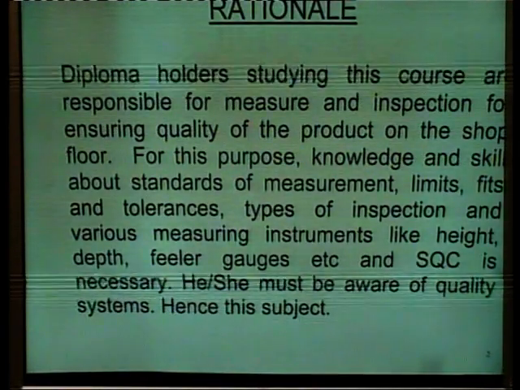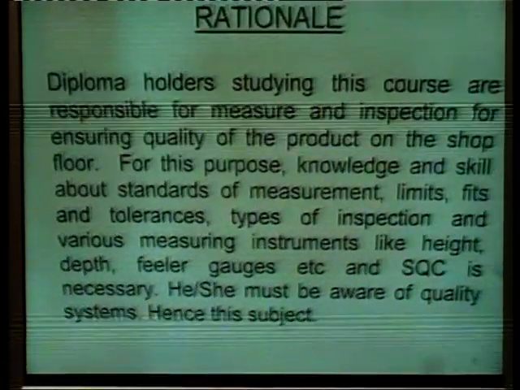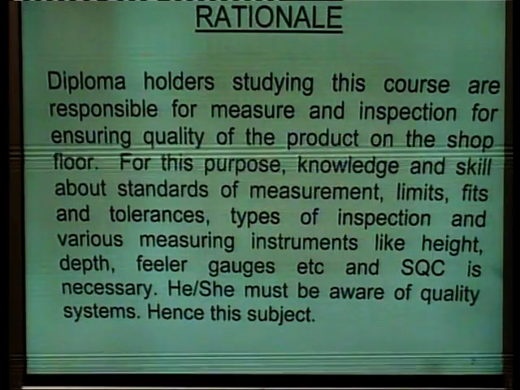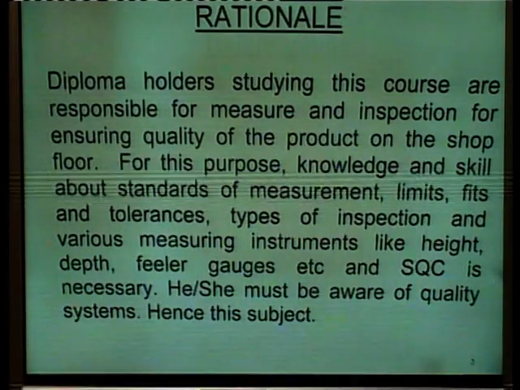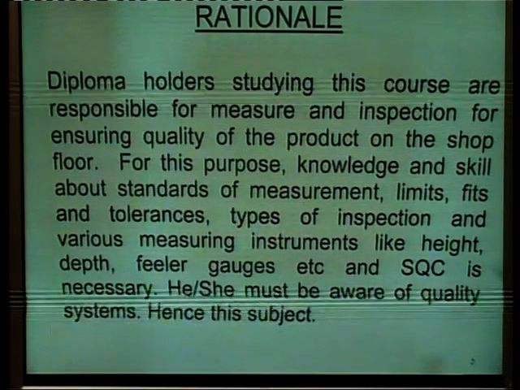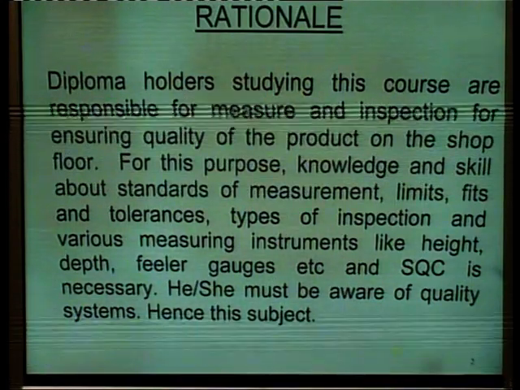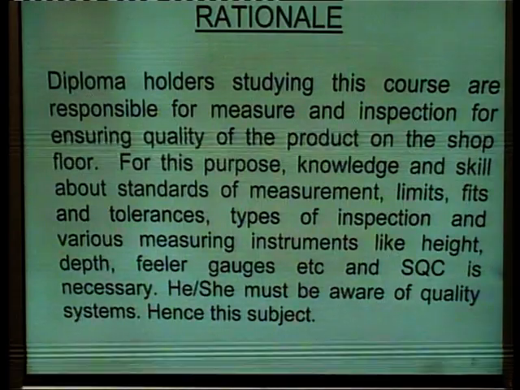If we talk about the rationale of this subject, that is, why this subject is important for production and industrial engineering students, then we can say that diploma holders studying this course are responsible for measurement and inspection for ensuring quality of the product on the shop floor.